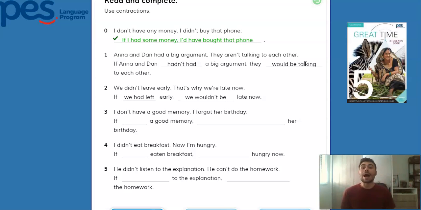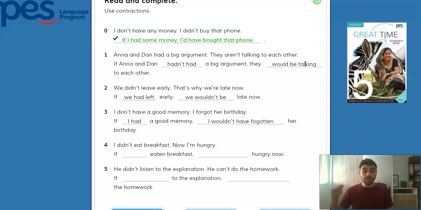Now, I don't have a good memory. I forgot her birthday. Okay, so if I had a good memory, I wouldn't have forgotten her birthday, right? But I don't have a good memory.